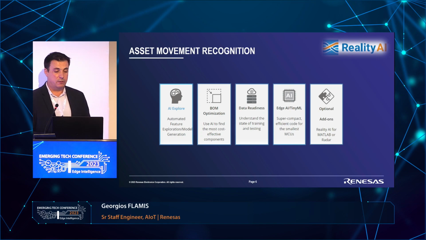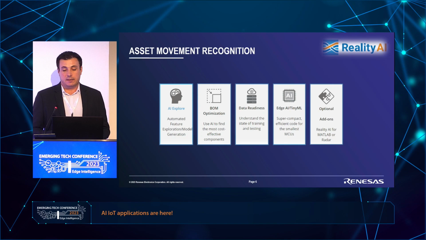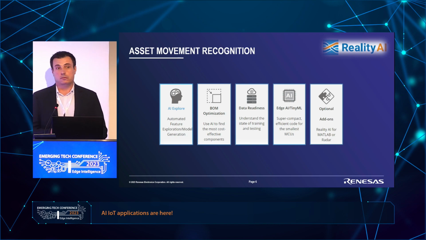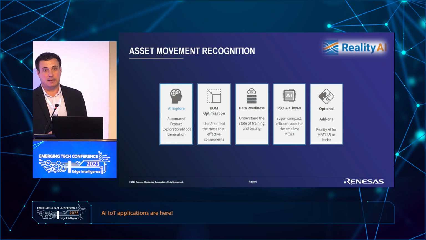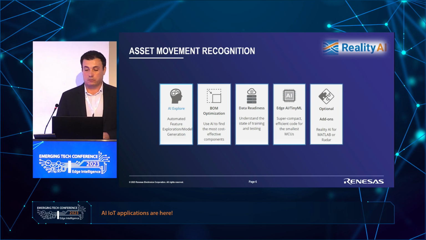That's why we refer to the bill of material in that case. And that gives us the data readiness, which in fact allows to understand what exactly the system is doing, how well those data are implemented, and moving forward to creating the model, understanding the operation, and deploying that to the device.